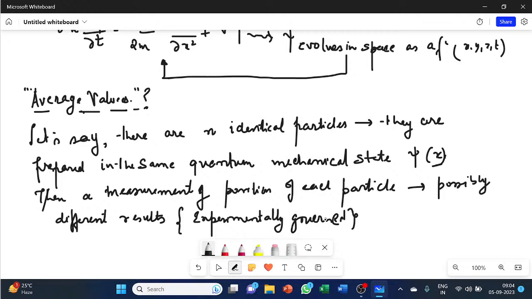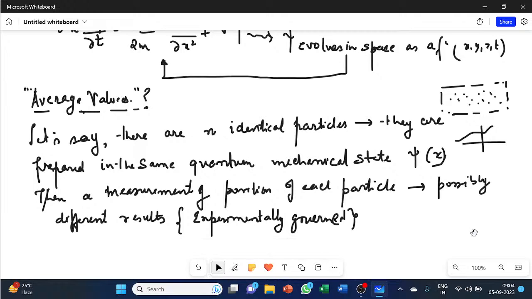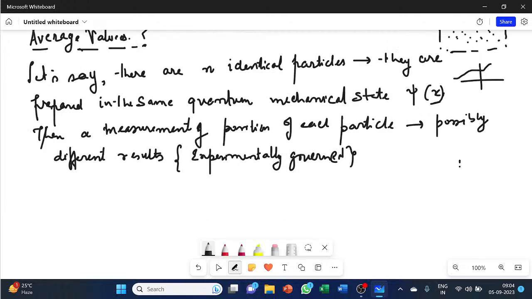But once you make a measurement, let's say in a system there are n different particles, even if they are in the same quantum mechanical state psi of x. I've told you that this psi of x is represented by a sort of graph. Let us say that it is governed by, let's say, a Gaussian.